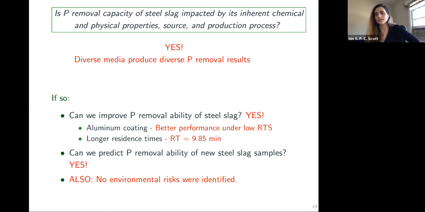Exactly. Yeah. Okay. Are there any issues with anything else coming into the solution when you're fiddling with the pH or using very high pHs with potassium hydroxide? Did you notice anything else coming into solution? So there are concerns, but not for the regeneration. We couldn't find any potentially harmful trace metals or anything like that. But for steel slag specifically, we have to think a little bit about the alkalinity of the steel slag.